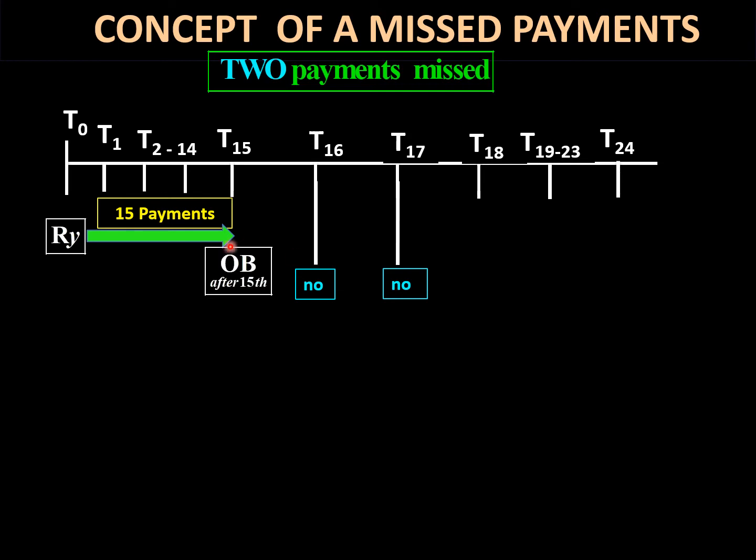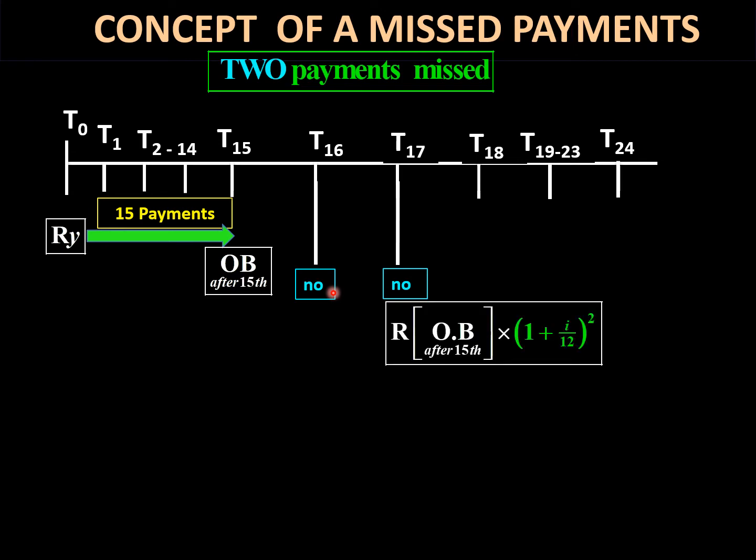So first of all, we need to work out what is that balance when you made your last payment. That was payment number 15. But that outstanding balance now doesn't stand still. It's growing. So for 2 months it has to grow. So whatever balance you had there has to grow for 2 months, and that's I over 12 because it's compounded monthly.